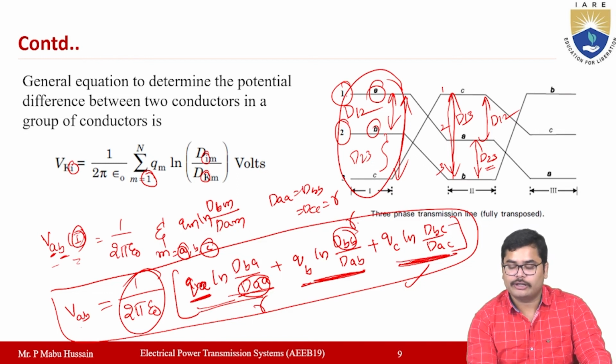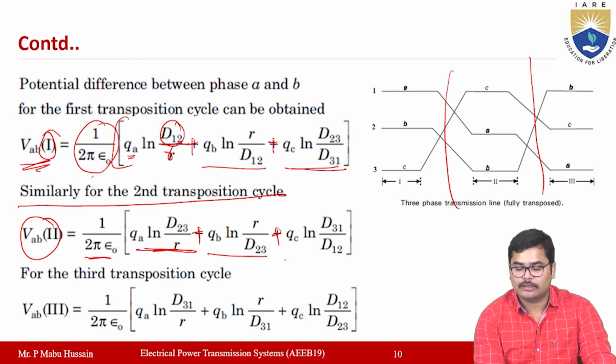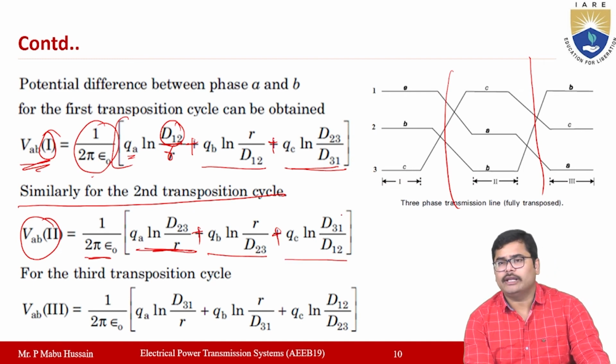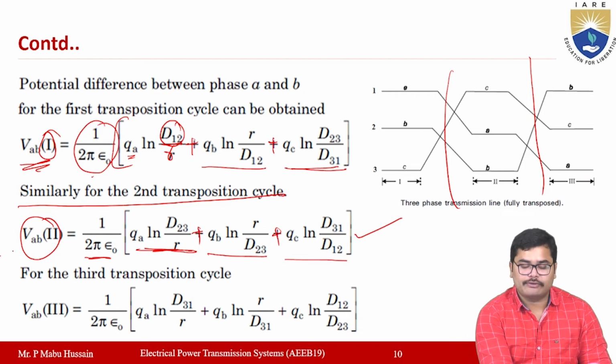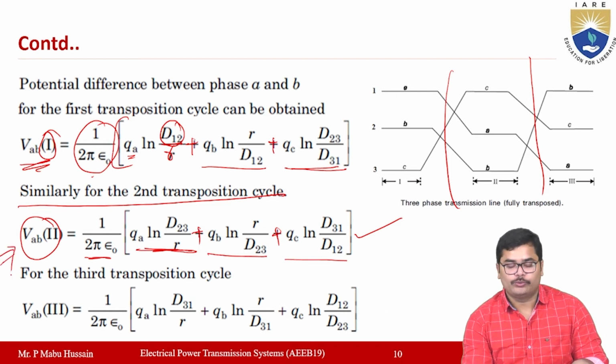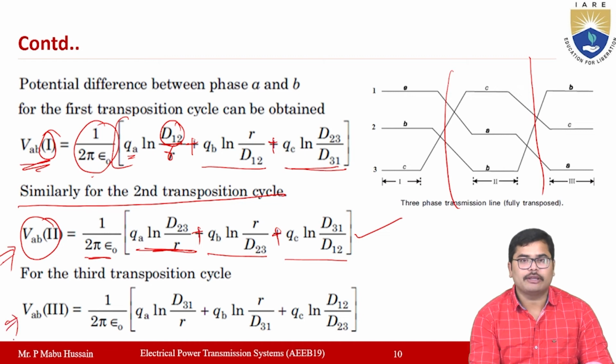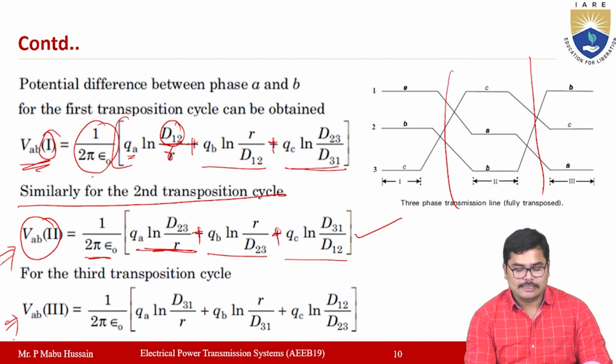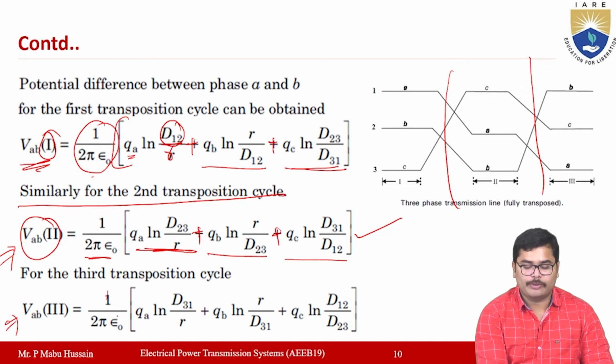So in place of DBC you can write D13, and in place of DAC you can write D12. So you will get the third term as QC ln D31 by D12. So this is the value of the potential difference in section 2. Now in the same way, the value of VAB in section 3 you can write from the same equation, which will be equal to 1 by 2 pi epsilon naught.